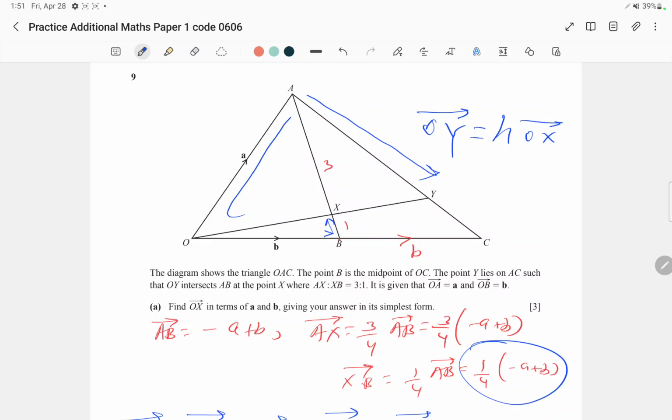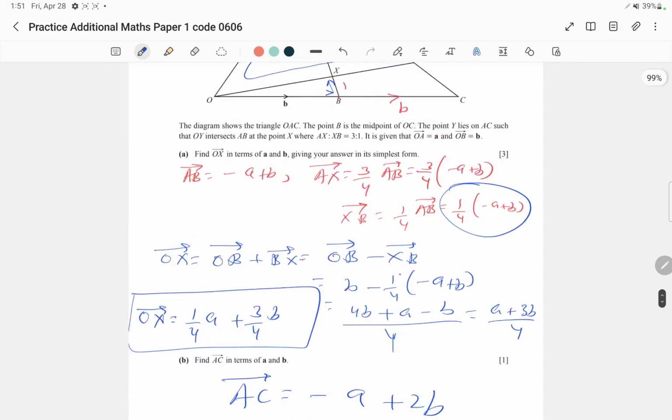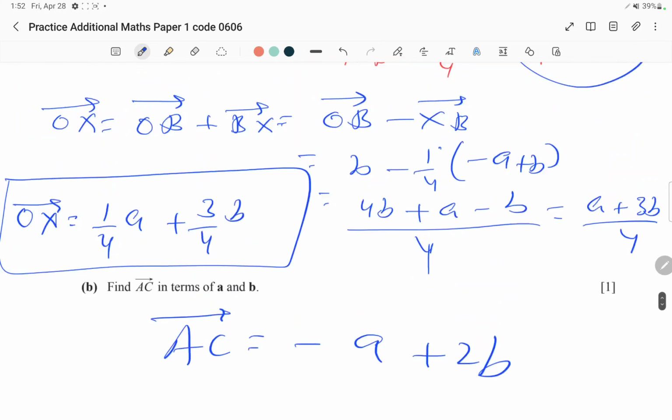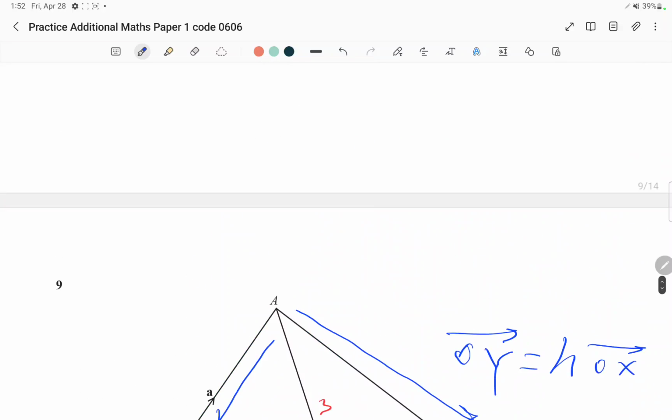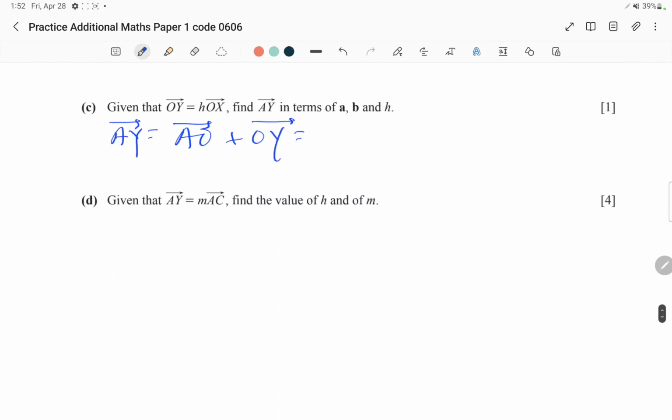So I will follow this path and then this path, right? So AY is AO plus OY. Here I should write AY is AO plus OY, but AO is minus A and OY is already given.